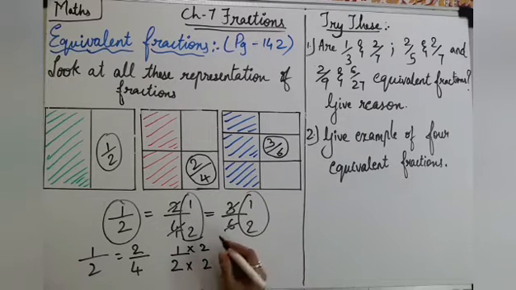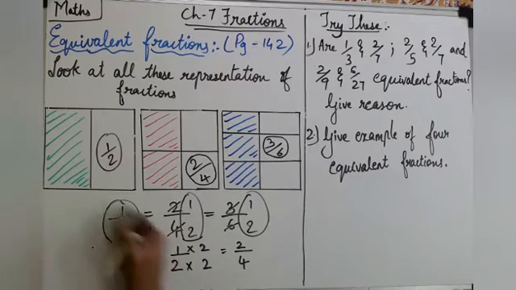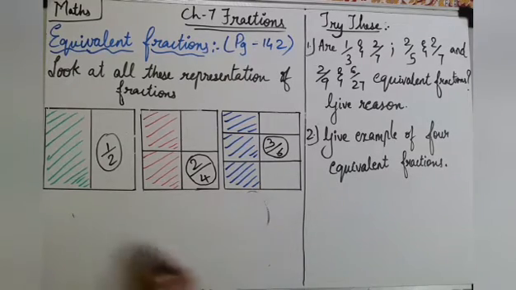You know this rule now: if we multiply the numerator by a specific number, such as 2, the same number we will multiply in the denominator also. So 1 into 2 is equal to 2. 2 into 2 is equal to 4. So we get 2 upon 4. If I do the same, see, I'll do it here.